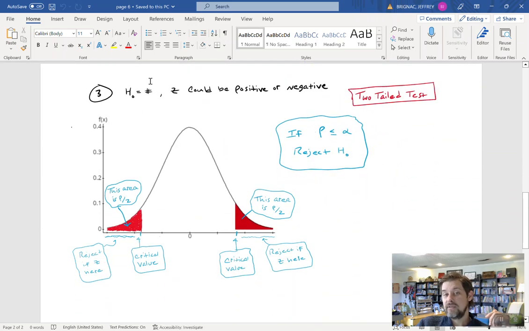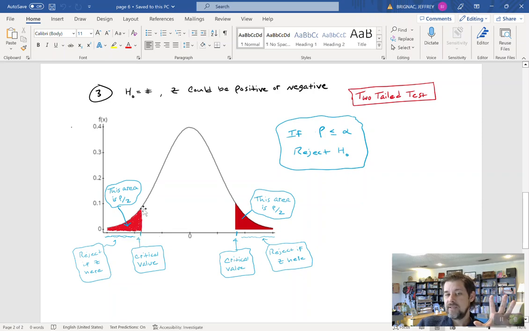Or if H naught, the null hypothesis, is just a statement of equality, it says equals a number, then the standardized test statistic could be positive or negative, and it'll be a two-tailed test. Here's how it works. You've got your standardized test statistic somewhere on this graph. We got negative 0.73.